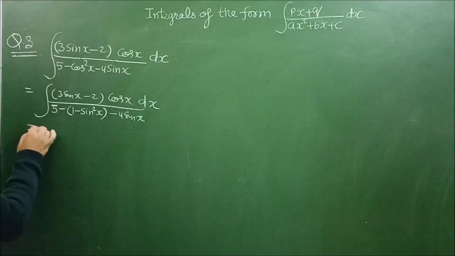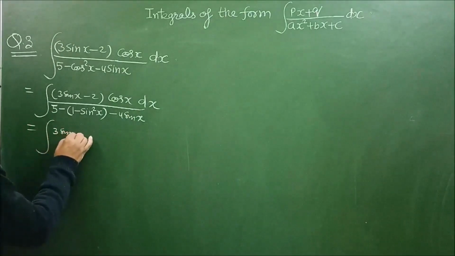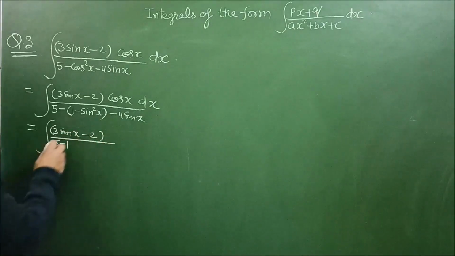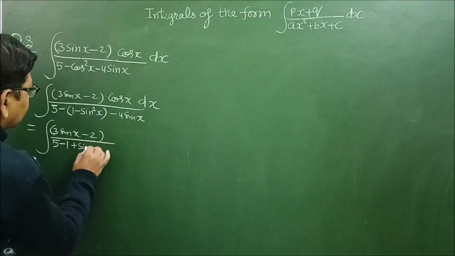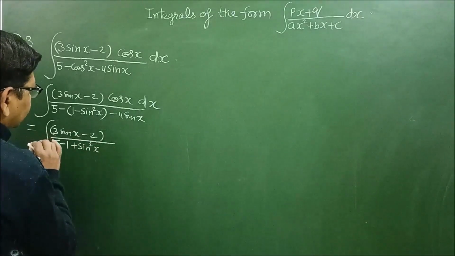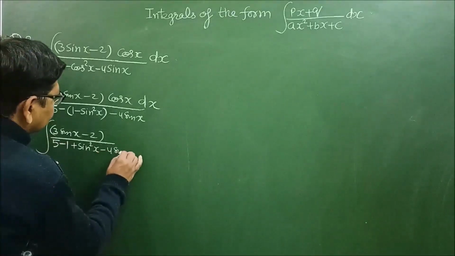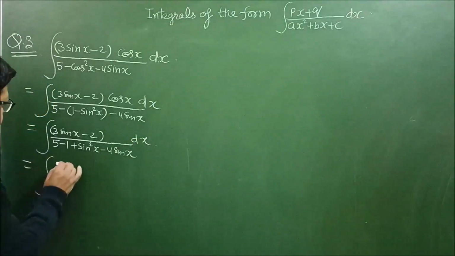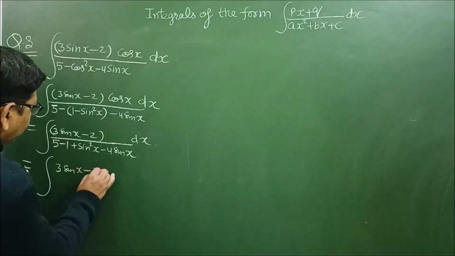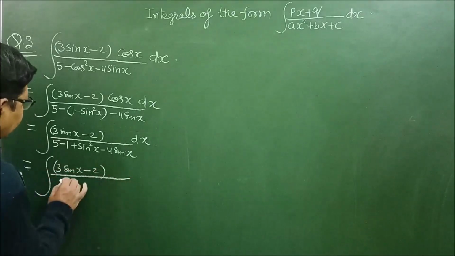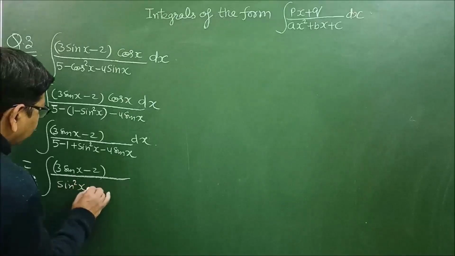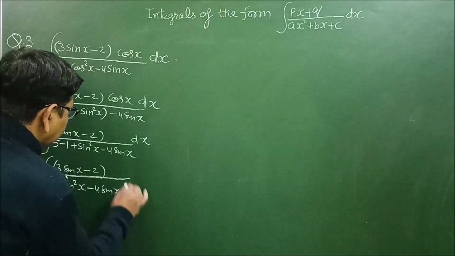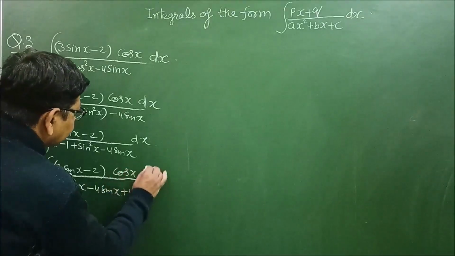And now this is equal to the integral of (3 sin x − 2) upon (5 − 1 + sin²x − 4 sin x) dx. So this is equal to the integral of (3 sin x − 2) upon (sin²x − 4 sin x + 4) cos x dx.